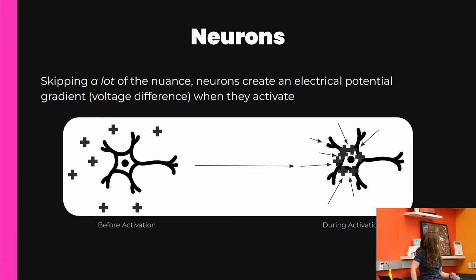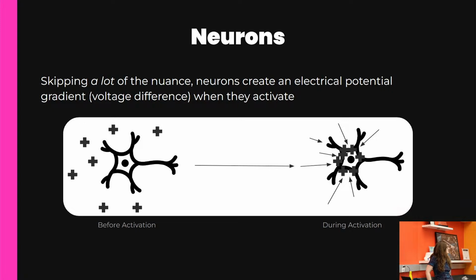So this is a pretty simplistic view of neurons, but to be honest, I don't think you need to know that much about it if you're looking more at neurotech equipment. Neurons create an electrical potential gradient, a voltage difference, when they activate. We have dendrites, the little branches.